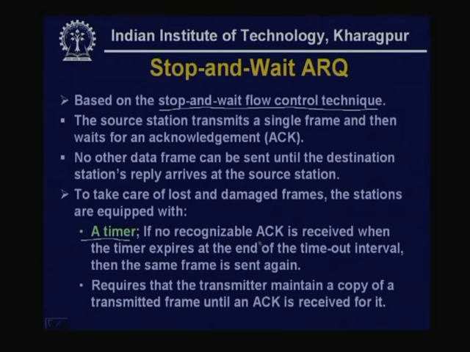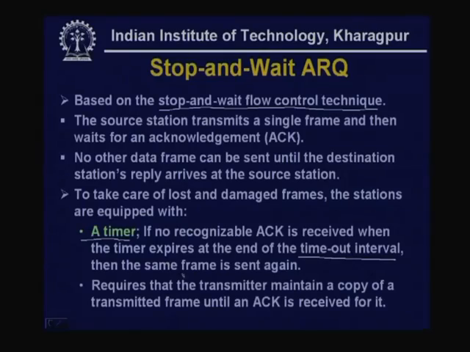If no recognizable acknowledgement is received when the timer expires at the end of the timeout interval, then the same frame is sent again. That means, after sending each frame, the sender starts a timer.